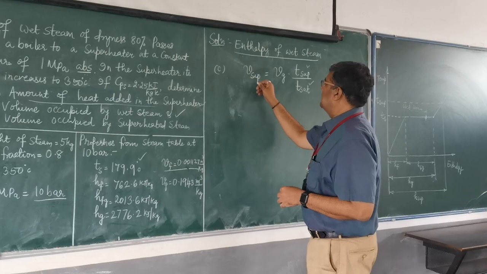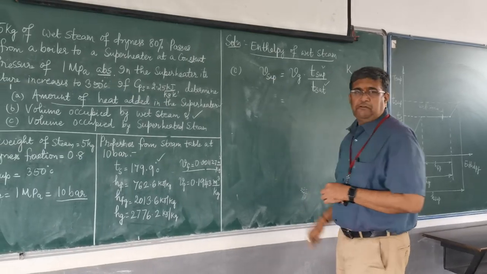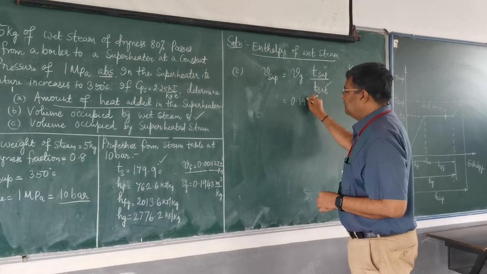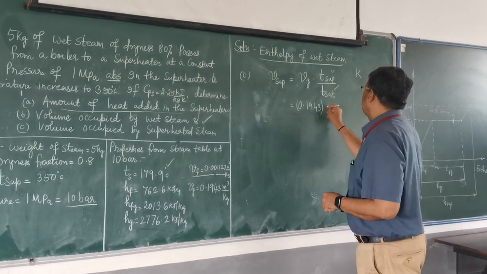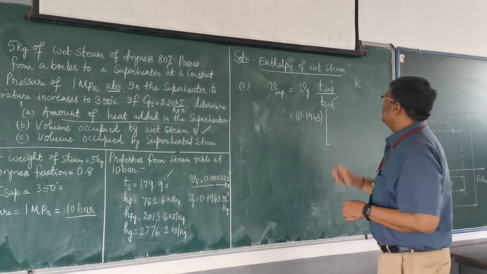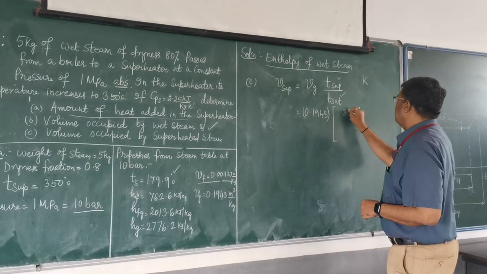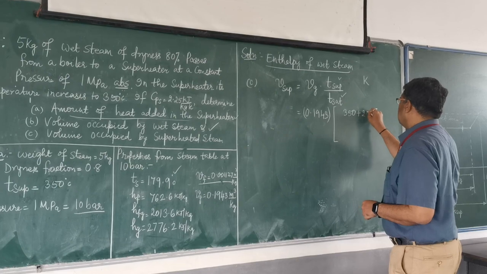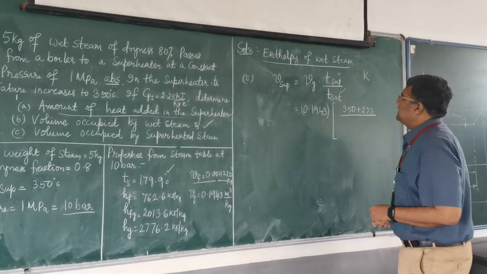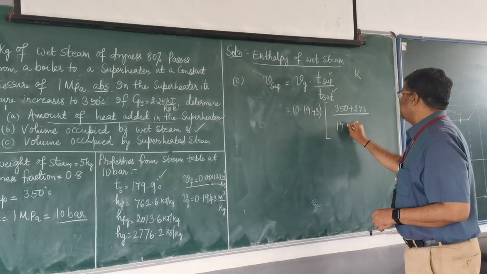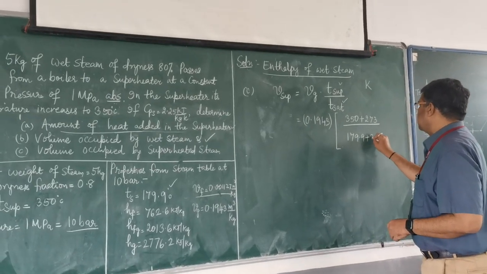So now the specific volume of superheated steam is 0.1943. Here the superheated temperature is 350, so I'll write it as 350 plus 273, divided by the saturation temperature, which is 179.9, so 179.9 plus 273.